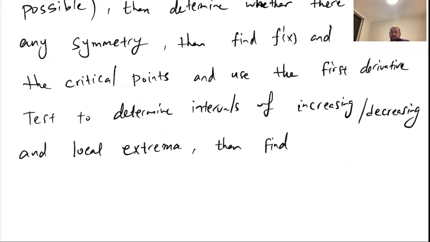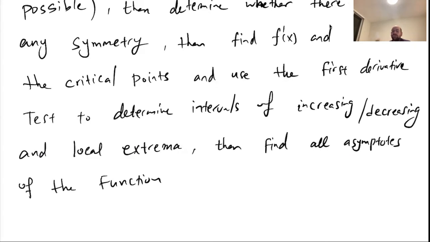Also, we have to find the asymptotes. Find all asymptotes of the function. So when you say all asymptotes, it means horizontal asymptote or vertical asymptote or oblique asymptote. So I'm going to explain to you shortly that some rational functions have oblique asymptotes, but that just happens in some rare cases.